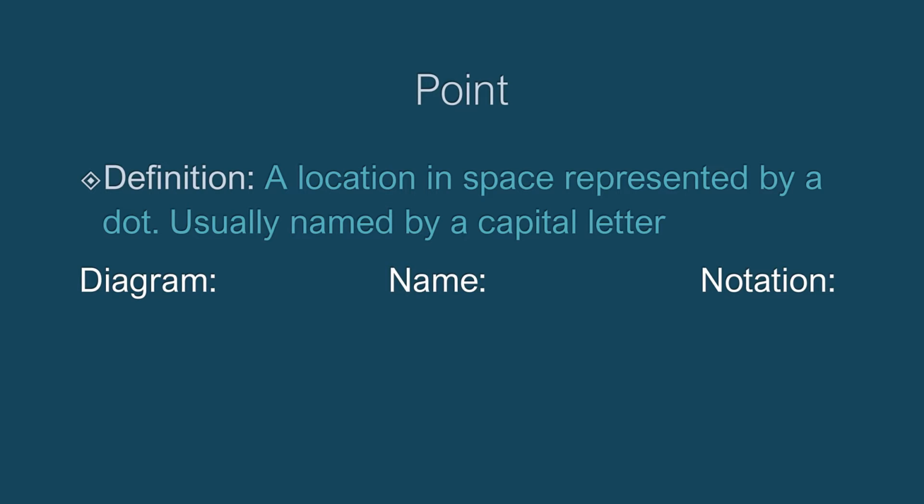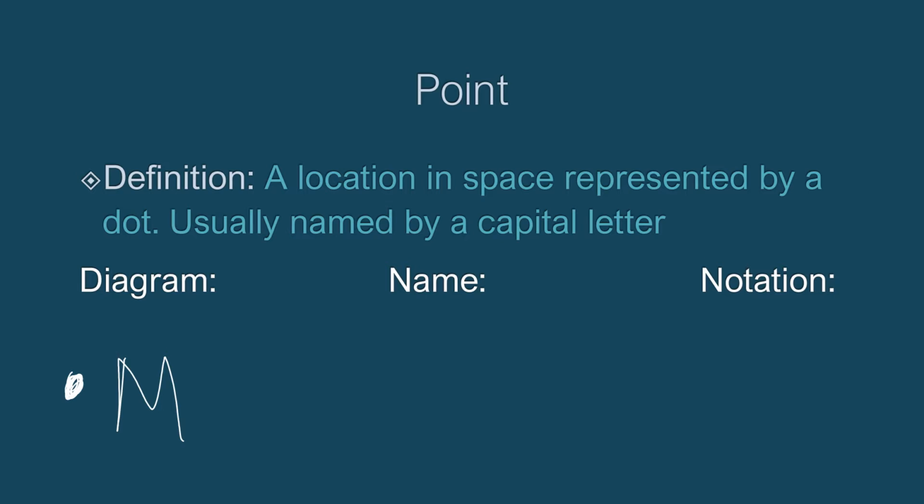Looking at your notes, we're going to start with our point definition. A point is a location in space represented by a dot. It's usually named by a capital letter. For a diagram, you'll see a point, it will be a filled-in dot, and then it will have a capital letter by it.